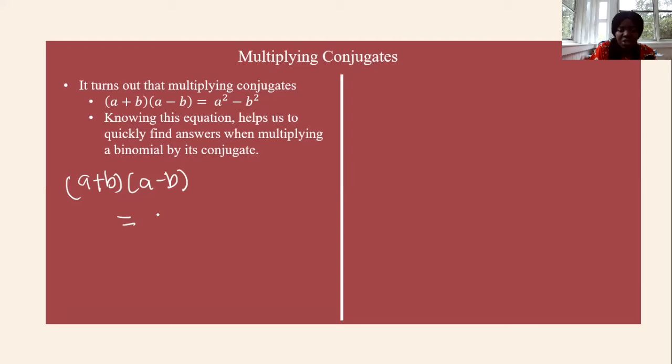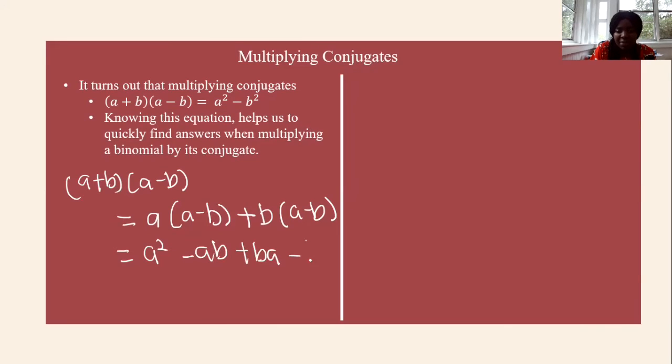Okay, so as usual, I take the first number or letter in the first binomial and I multiply it by the second binomial. And then I go back and I take the second one in the first binomial, multiply by the second binomial. Awesome. And so here, if I expand that, I have a squared minus ab plus ba minus b squared, okay? And so that gives me, now ab is the same as ba, right?